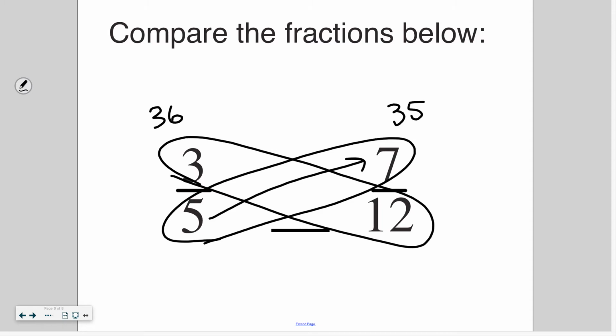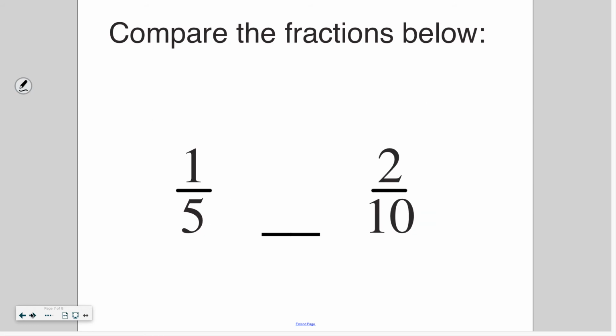But I want you to know the reason why this strategy works is because we find a common denominator, which allows us to only look at the numerators. So these numbers here are our new numerators. So which fraction is greater, and what symbol would we use to compare these two fractions? We would use the greater than symbol because 36 is greater than 35, which means that 3/5 is greater than 7/12.